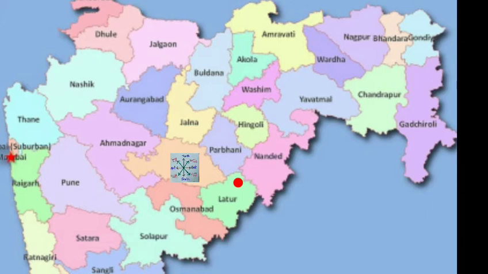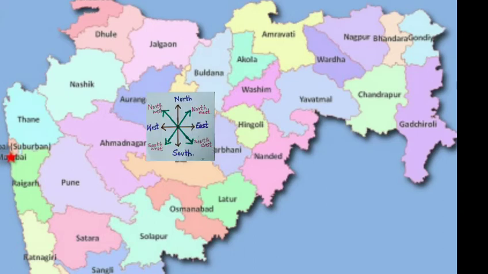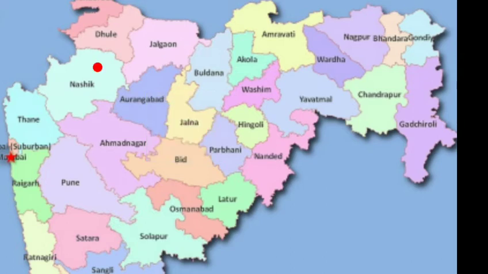Then towards the southwest it is Satara. Students, if we place the rose at the center of our state and note the location, Nasik, see, it is in the northwest direction.